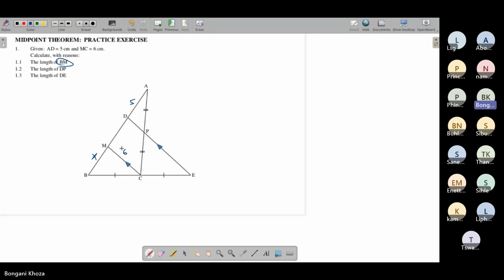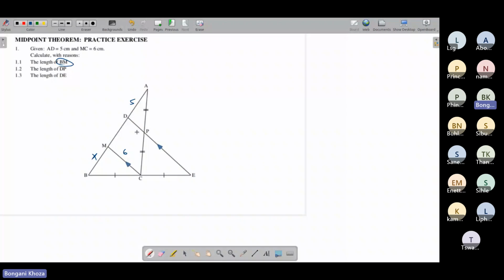So let's see if we are able to get that side over there. Which triangle should we check? Because we don't have this part over here.